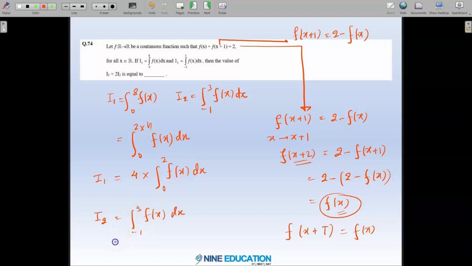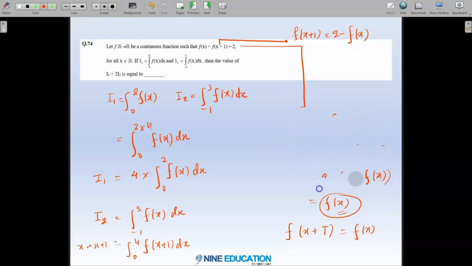If we replace x with x plus 1 here, then dx will not change, it will be just a change in the limits, it will be from 0 to 4, and this will be f(x plus 1) dx. All right, so now let us do some manipulation to get the I1 plus 2 I2 value. So we have I1 and I2 ready with us, we know the period of the function.